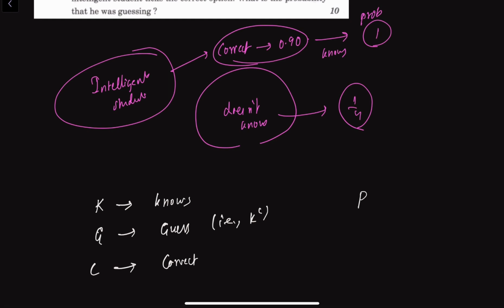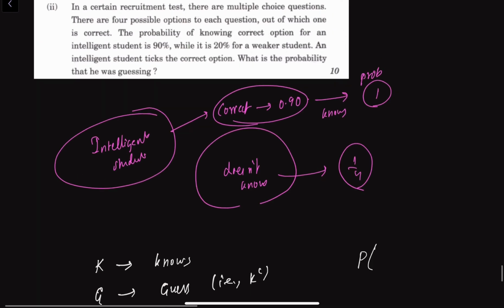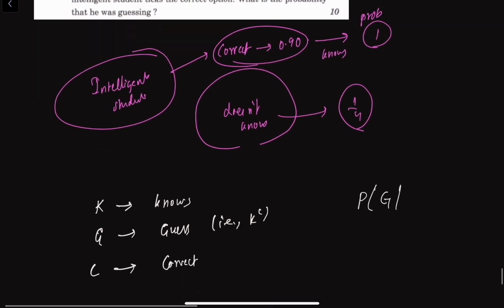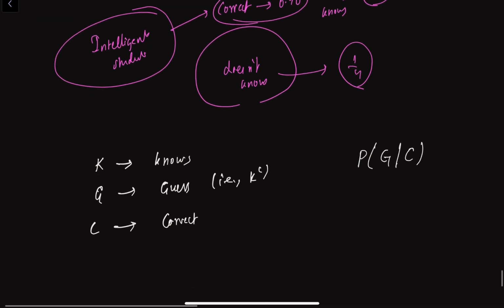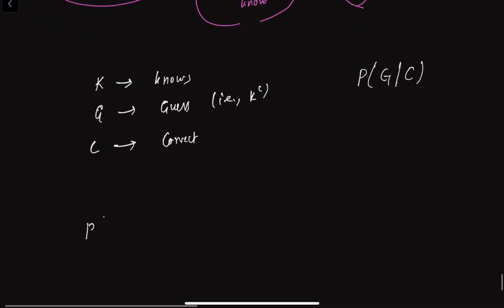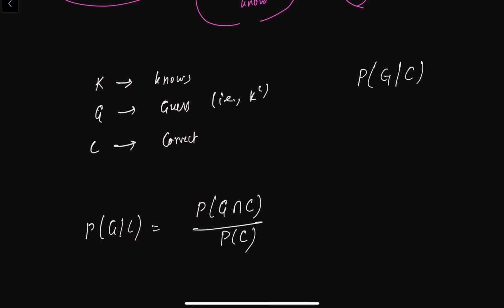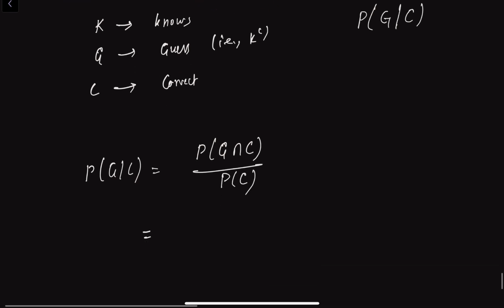We need to find the probability that he was guessing given he chose the correct option, that is, the probability of G given C. By conditional probability, I can write it as the probability of G intersection C divided by the probability of C.